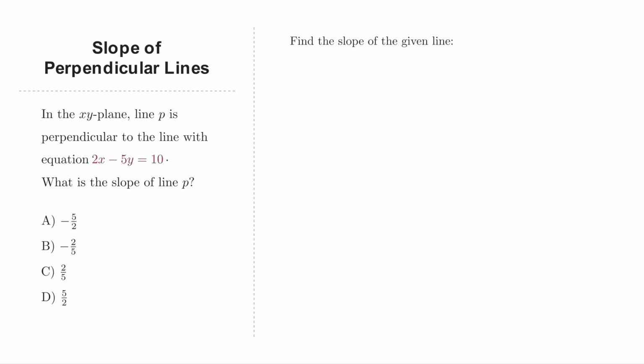To begin, we need to find the slope of the given line by converting its equation into slope-intercept form. Starting with the given equation, we subtract 2x from both sides, then we isolate y by dividing every term by -5. From this form, we can identify that the slope of our given line is 2/5.